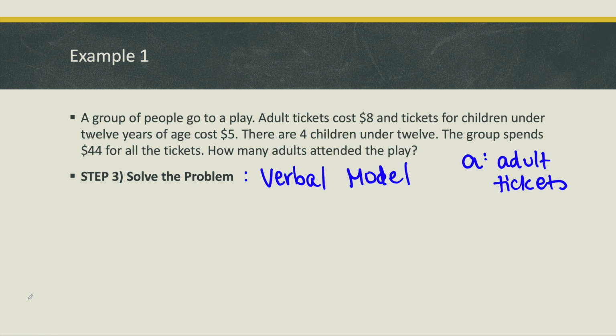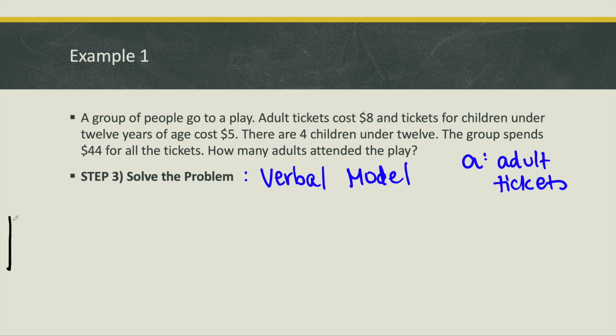Okay, so now coming back, we're going to write a verbal model. What the verbal model is, I'm going to make these train boxes, so we can directly derive our equation from there using numbers.